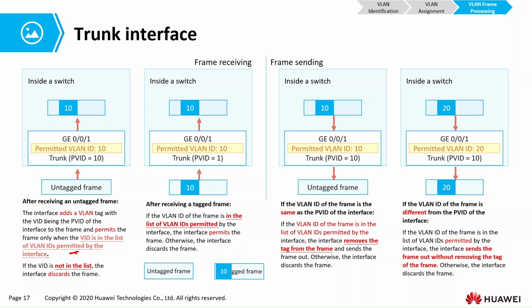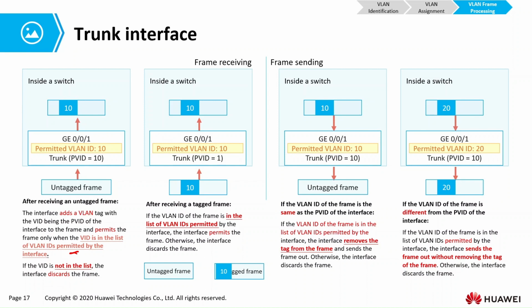For the trunk, we do not check whether it is the same as our PVID, but whether it is on the permitted list. If permitted, we allow it to pass. So it allows tagged frames from multiple VLANs, but the difference is that untagged frames are only allowed from one VLAN. We are looking at this here.